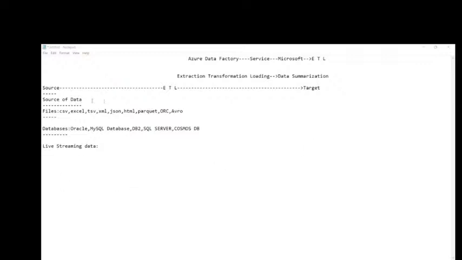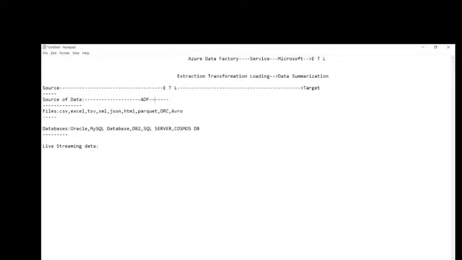So now, further, from the source of data, the data is extracted. On all this data, we use ADF, that is the Azure Data Factory.